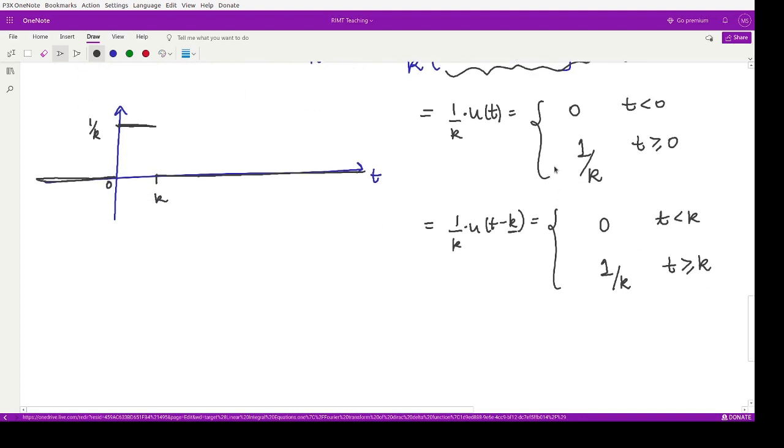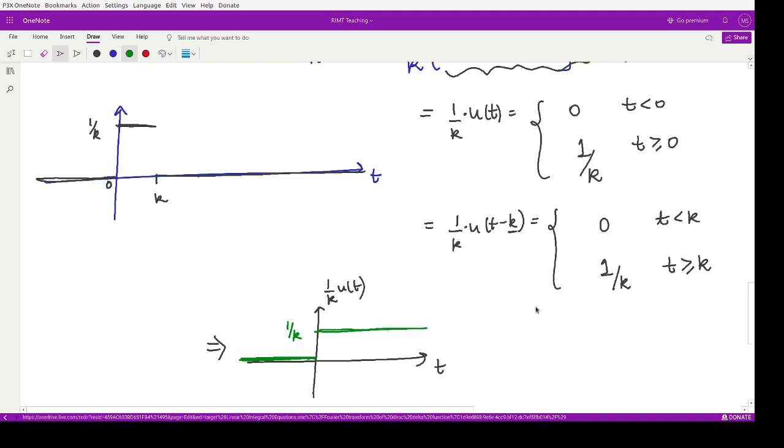So this is the definition. What would be their subtraction? Let us see their graph. The graph of the first one would be like this. This is 1 by k u of t, and this is t. Whenever t is less than 0, the value of the function is 0. And whenever it is greater than 0, say this is the point 1 by k, its value is equal to 1 by k.